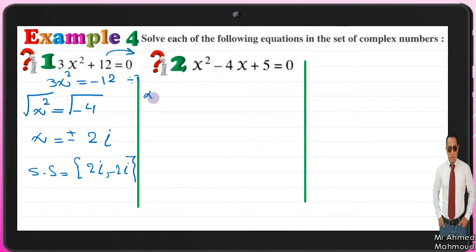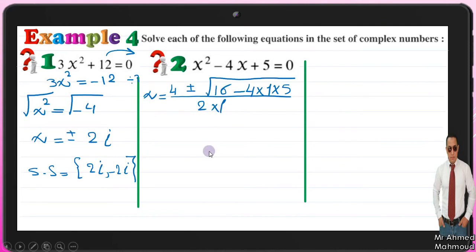So x equals negative b, which is 4, positive or negative square root of negative 4 to the power of 2 equals 16, minus 4 times 1, which is a, times 5, which is c, over 2 times 1, which is a.